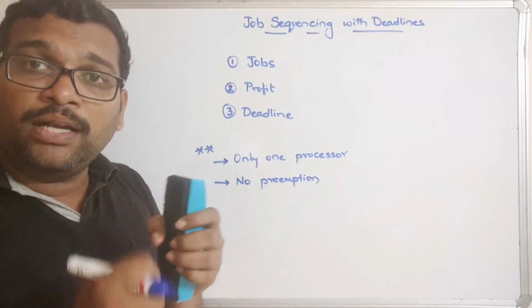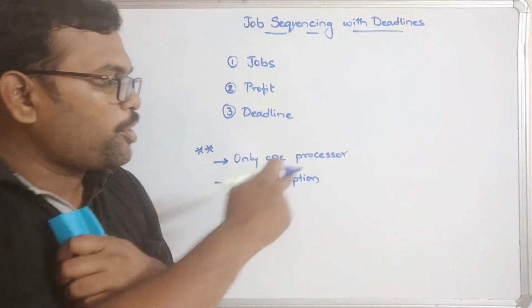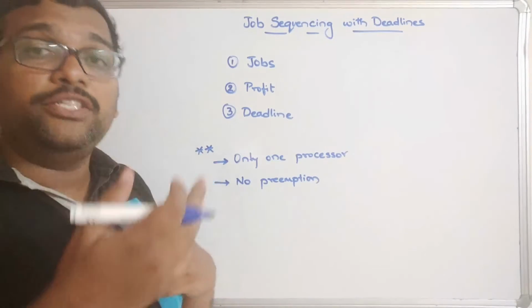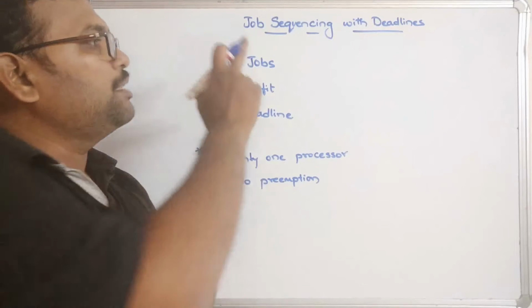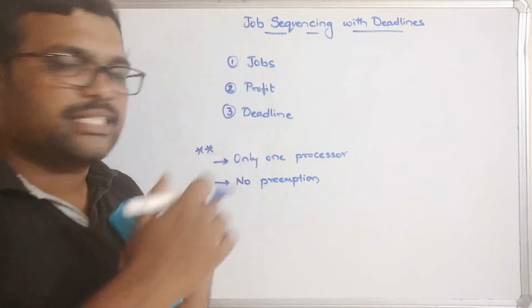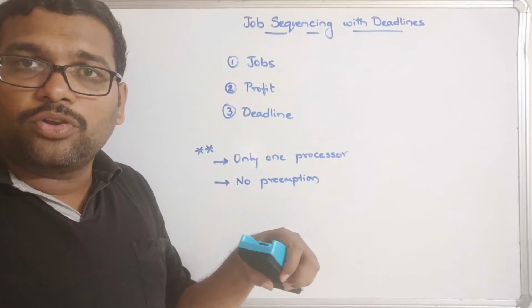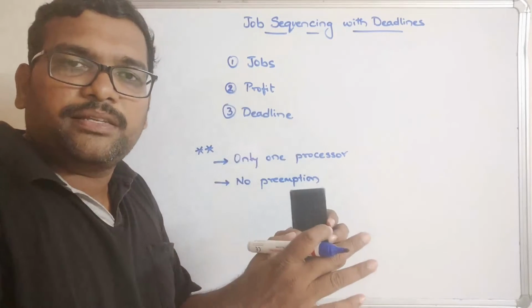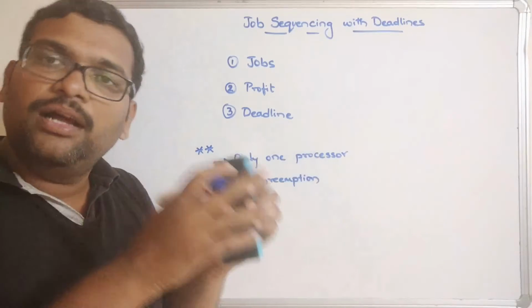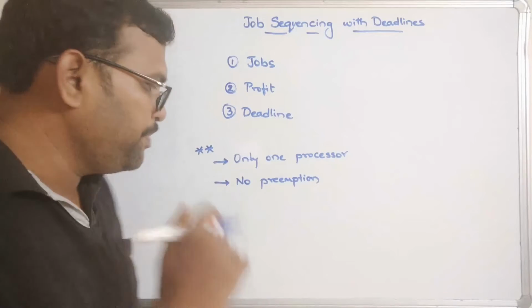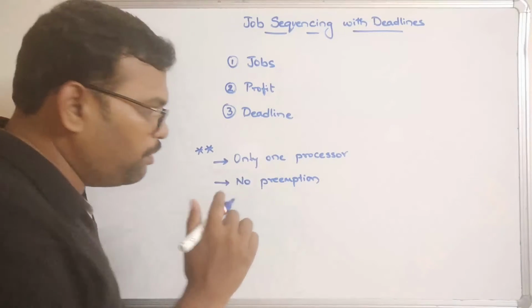Once a job is assigned to the processor, it has to complete, and the remaining jobs have to wait until the job gets completed by the processor. So no preemption.